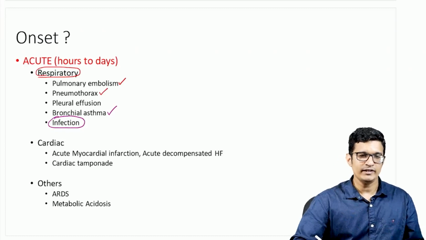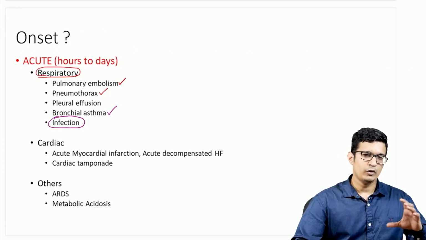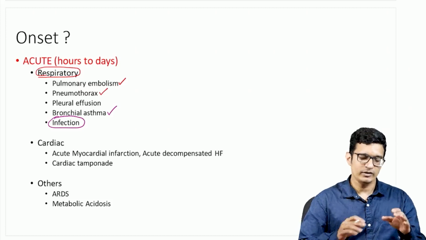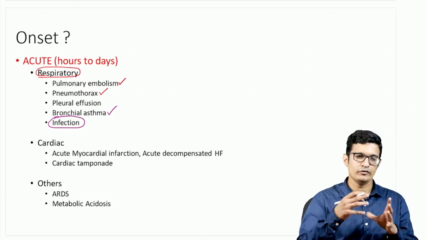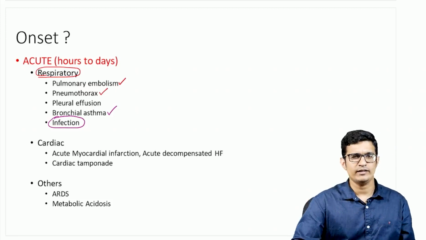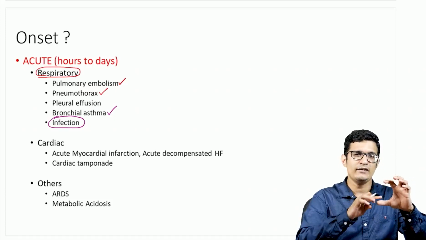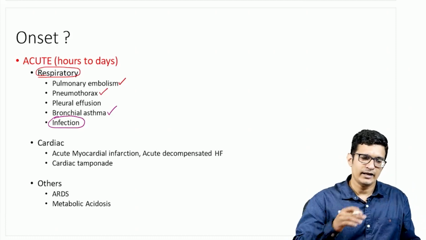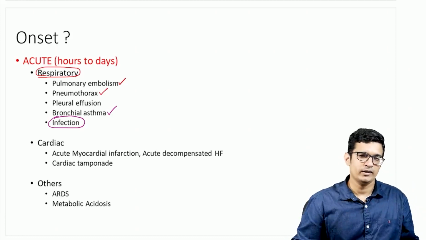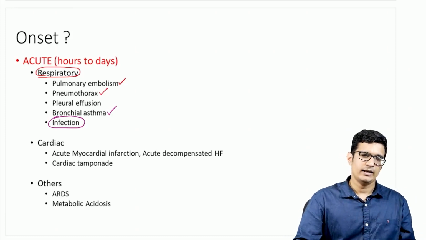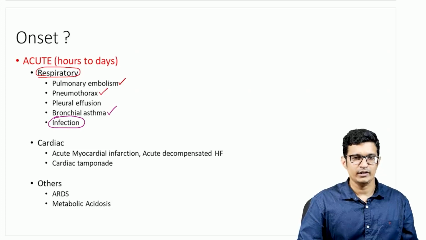So what happens in ARDS is there is going to be a lot of infiltrates in the parenchyma of the interstitium of the lung. So this interstitial accumulation of inflammatory exudates will interfere with the gas exchange across the alveolo-capillary membrane, and that will lead to an impaired perfusion of the pulmonary capillaries, and that will lead to breathlessness in the patient.